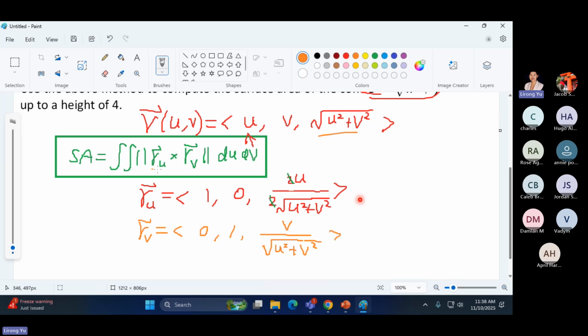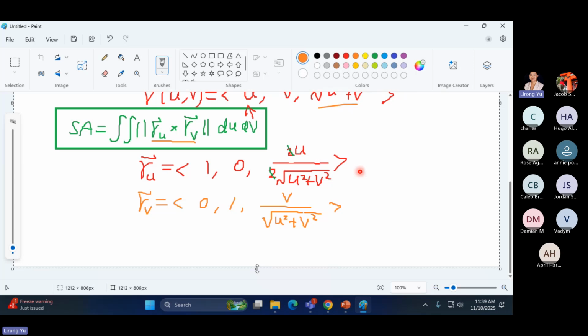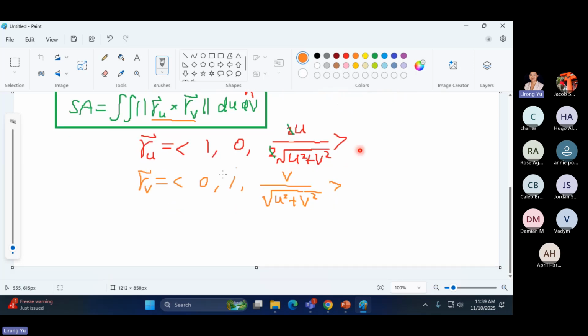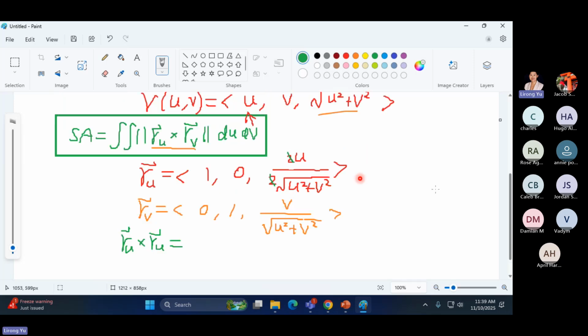And the next thing we have to find is the cross product. You see, we do it slowly, little by little, to derive the whole calculation. And here we're going to do the cross product, r_u cross r_v. The reason I put the vectors in matrix form is that it's easier to work through.